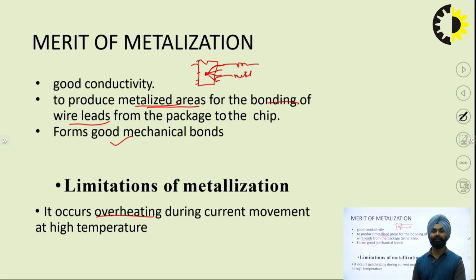As the resistivity increases, the overheating in the IC will be there. With this overheating, all the properties that we have seen in the main lectures will be changing with the temperature. So the limitation of metallization is that when we allow current to pass through the different devices, there will be heating produced.